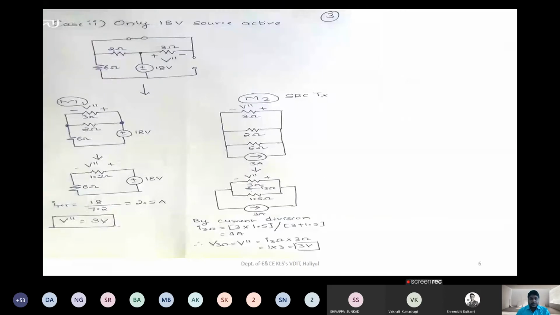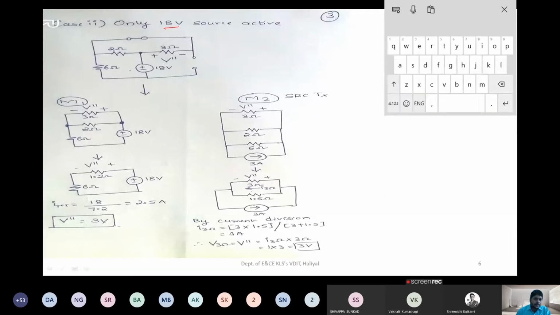Okay. So case 2. I am considering the 18 volt source active. So here the 6 volt was there, it has been made short circuit, and the current source is now open circuit. This result I am assuming as V double prime or V double dash. You can solve this by two methods. First method, again you can modify the view.